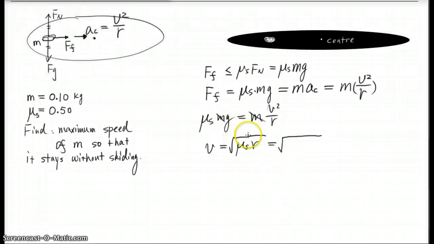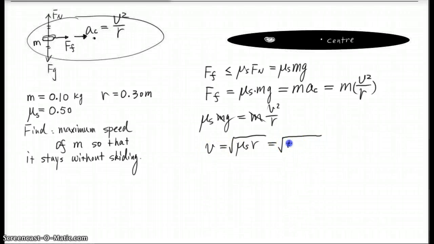Okay, sorry, I forgot to tell you the r. Let's make r 0.3 meter. So you can see you don't really need the mass here to find the velocity.